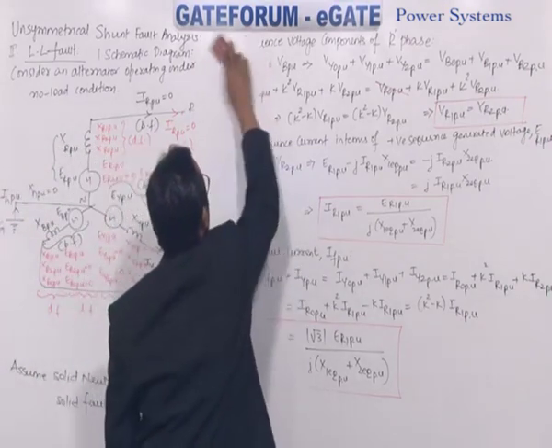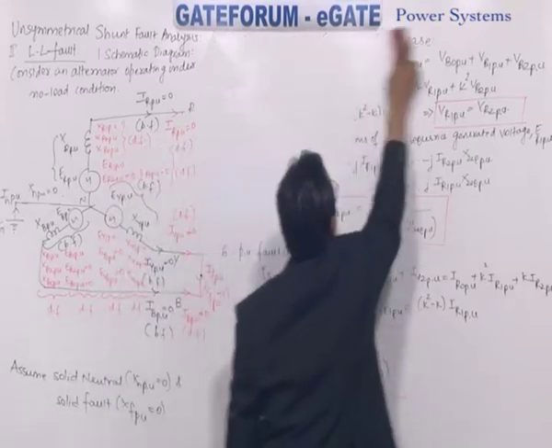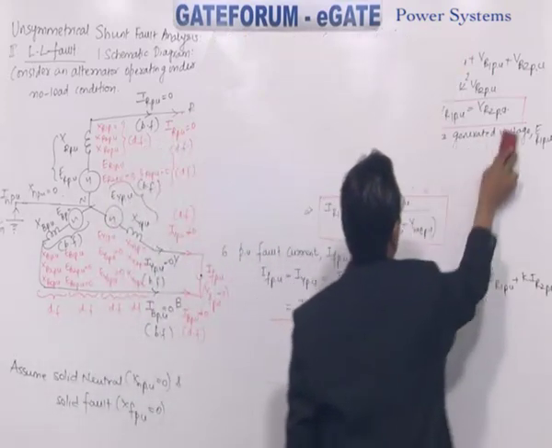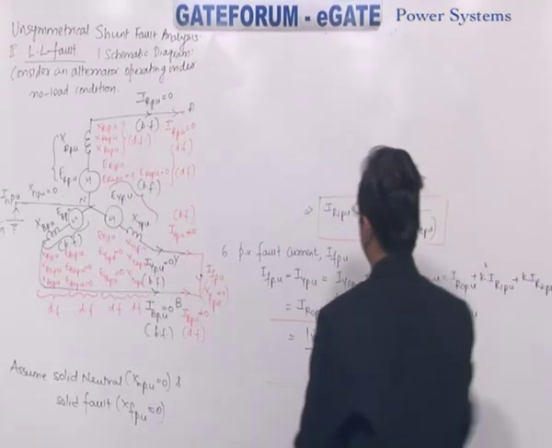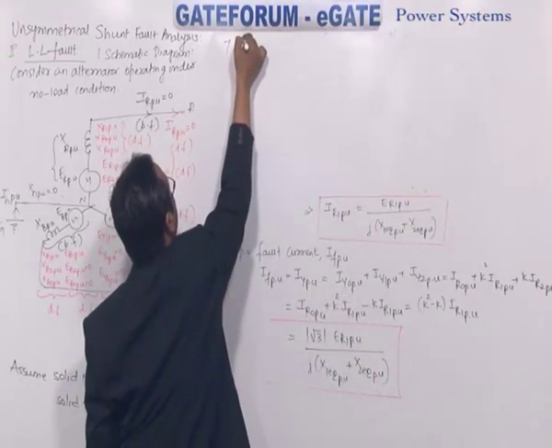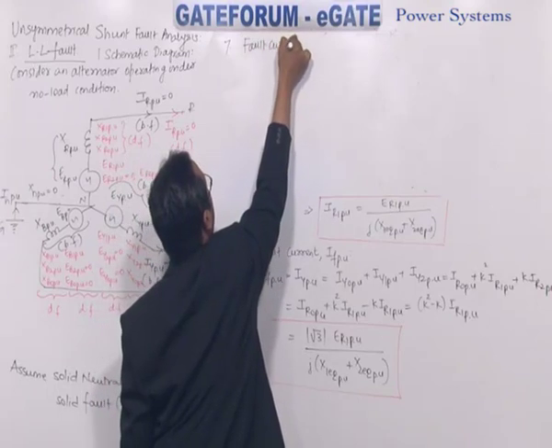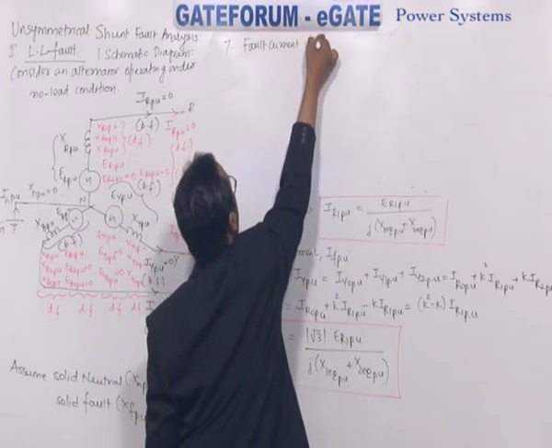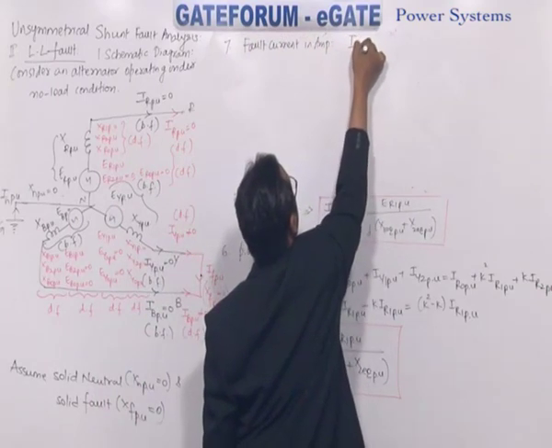Now once you know the fault current in per unit, it is simple to express that fault current in amperes. Similar to LG fault we can mention. So fault current in amperes. So how to write this one?